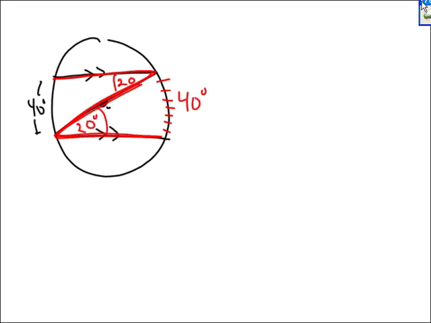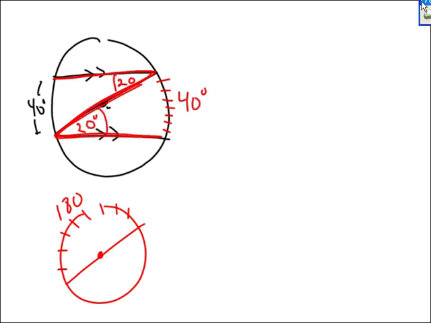Now, if you have a diameter, I can tell you what that arc is. It's half, 180 degrees. Well, let's label it differently. This arc is the other 180 degrees.